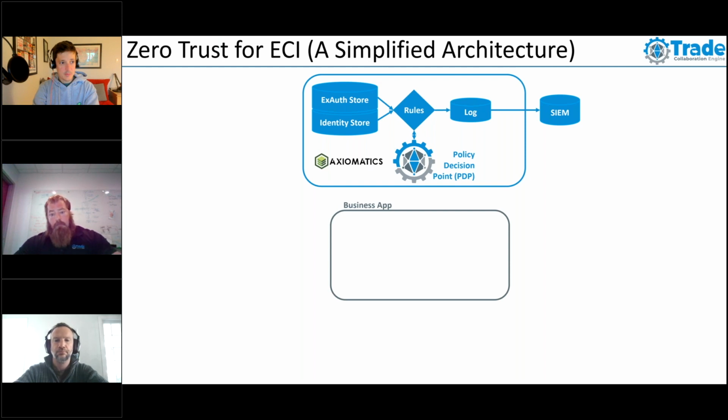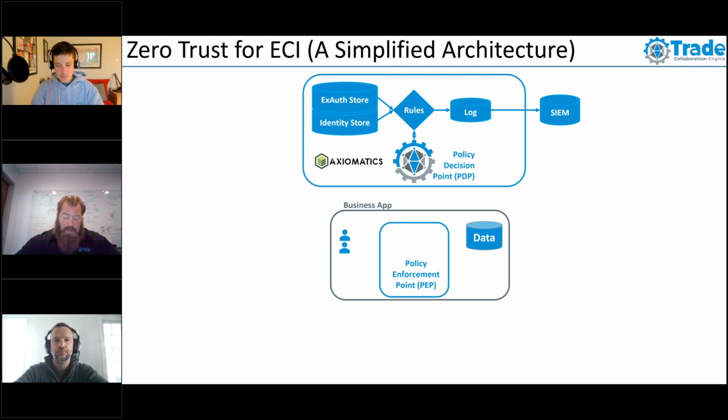So you've got your policy decision point out there. Well, you also have your business apps, and this is what David was talking about, right? Most people are focused on this, and you got your users and your data within those applications. And then what happens is you deploy a policy enforcement point, right? Say, hey, this particular transaction, this is where we want to do our authorization because it's going to potentially provide access to export controlled information.